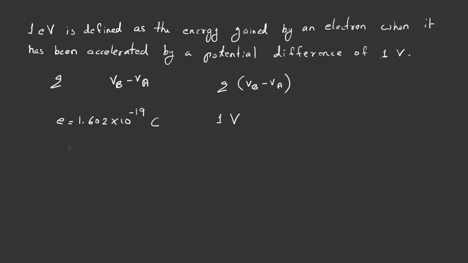Therefore, 1 electron volt in terms of joule is equal to 1.602 into 10 raised to minus 19 into 1 joule. That is equal to 1.602 into 10 raised to minus 19 joule.